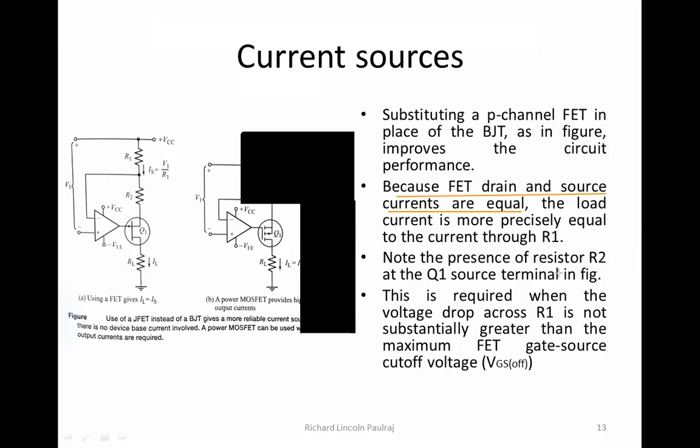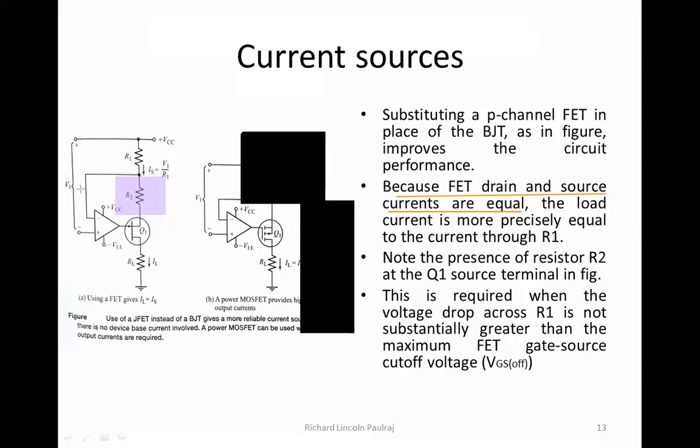Now, the presence of resistor R2 at the Q1 source in the figure. Note the presence of a resistance here, which is R2. This is required. You might think, why is this needed? We didn't have it previously, and in this circuit also we do not have it. We just have R1 and then RL. There's nowhere that we can see R2 included.